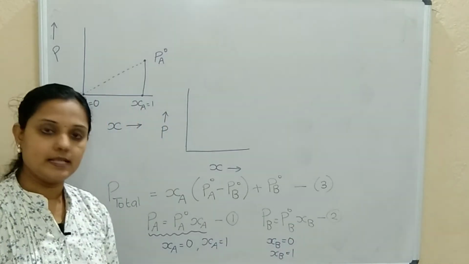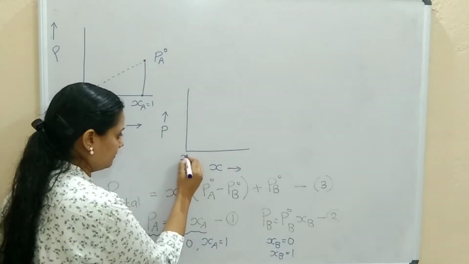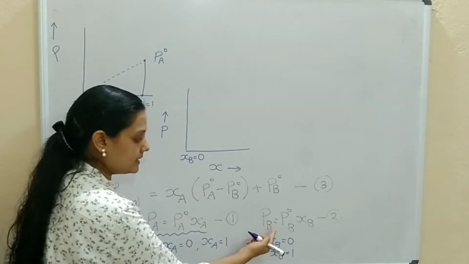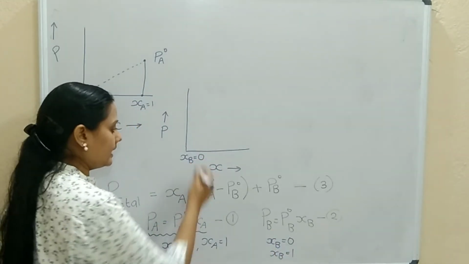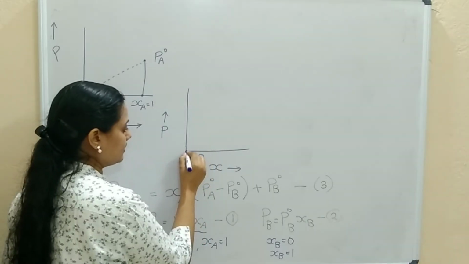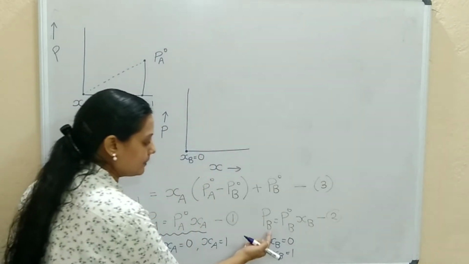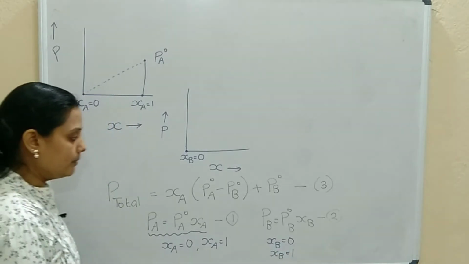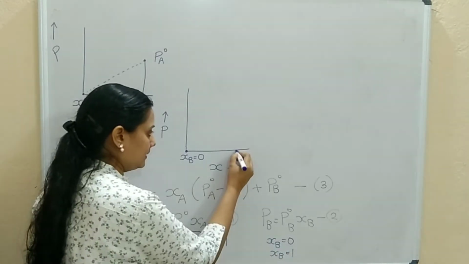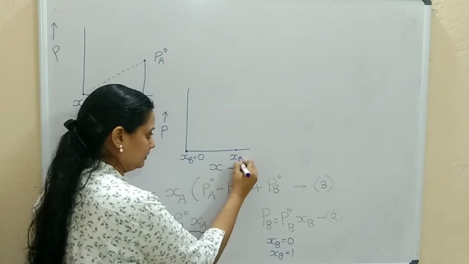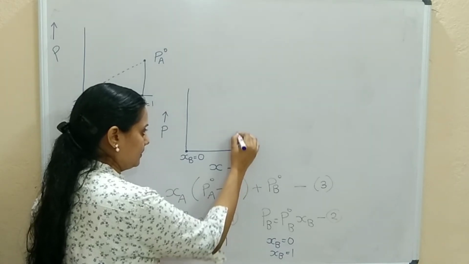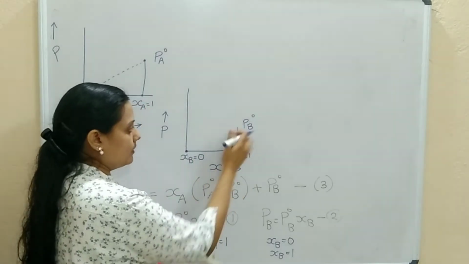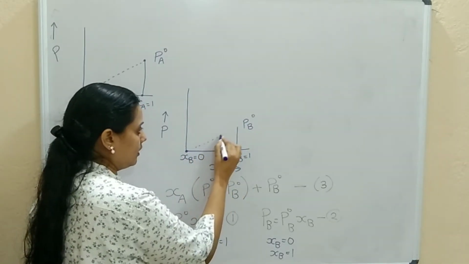If I put XB equal to 0, then PB is equal to 0, the origin point. Suppose in this equation I put XB equal to 1, then PB will be equal to PB degree. So suppose this is 1, PB will be equal to PB degree. Just join it with a dotted line.